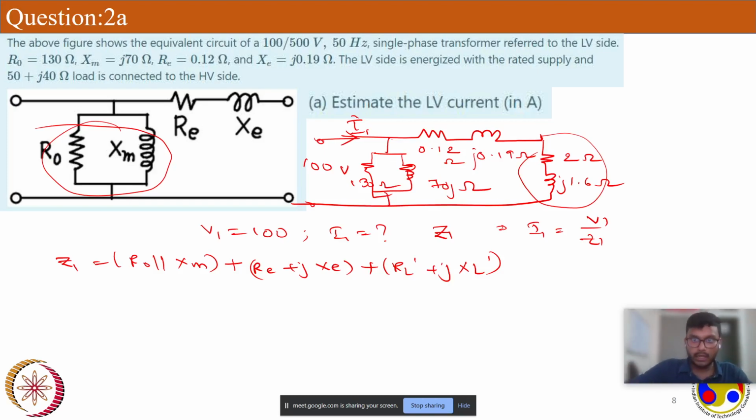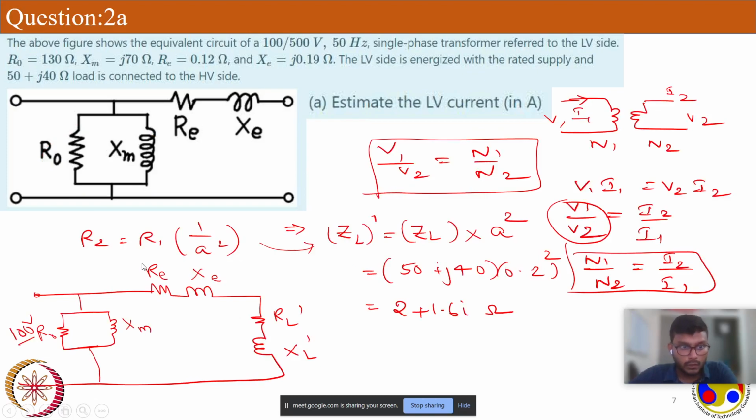So, yeah, you see the circuit here, right? So this particular circuit, you can see R0 is parallel to Xm, and that branch is in series with Re plus Xe, and that branch is in series with the load. So the total impedance seen from the input side will be R0 parallel to Xm branch plus Re Xe plus this one. Yeah.